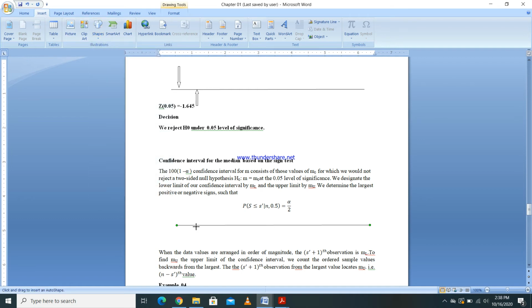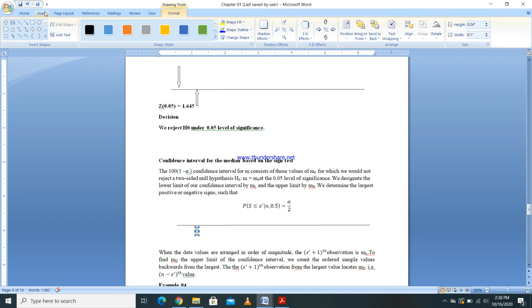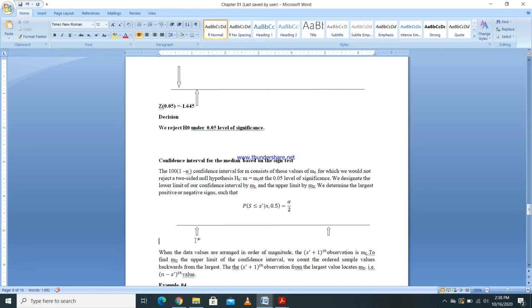We are going to find one limit from here and another limit from here. This one is ml, the lower bound, and this one is mu, the upper bound.